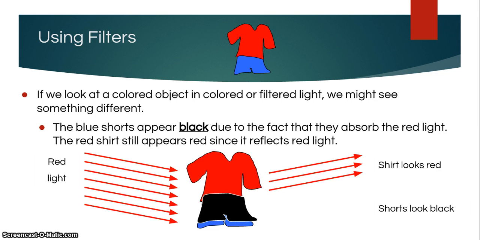His shirt will still look red because the pigments in his shirt reflect red. But the pigments of his shorts are reflecting blue only. Well, if we're not shining blue light towards it, if we're only shining red light, that means it's going to absorb the red light because it normally absorbs red light and reflects blue. It's not going to reflect any color now because the only color that is going towards it is red.